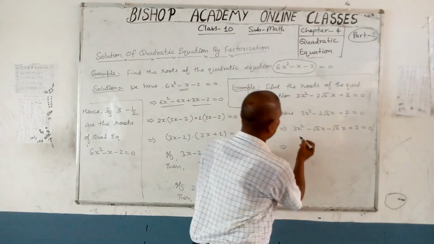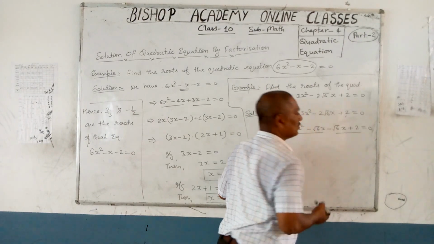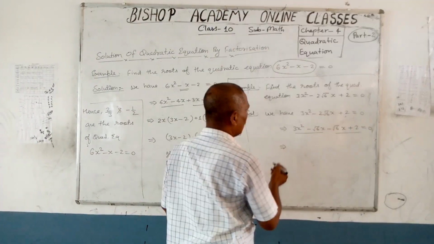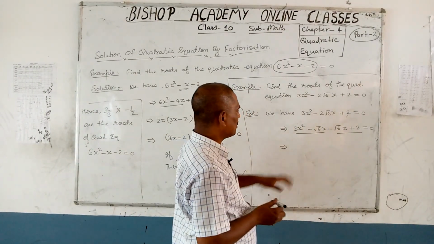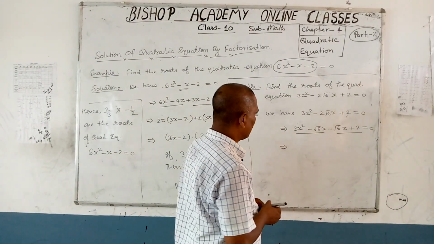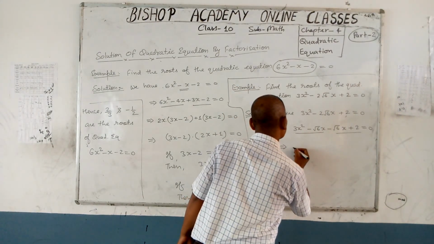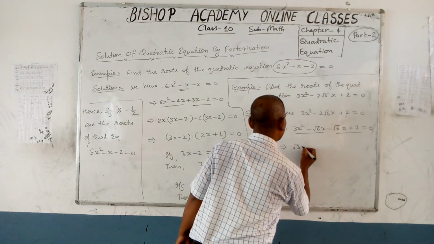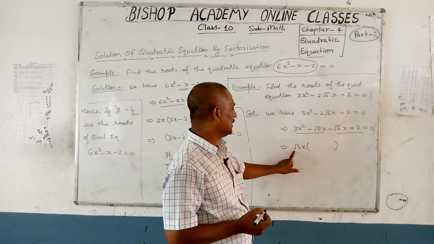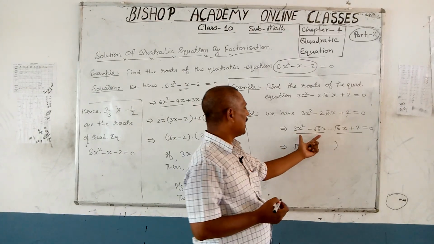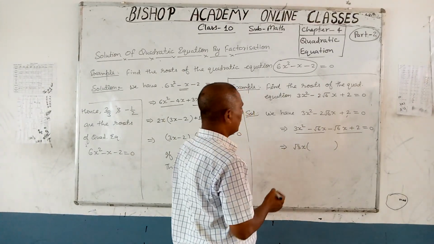Now pairing first and second terms and last two terms, you will factorize. See the common factors, which is HCF. Highest common factor of first and second term is root 3x. Root 3 times x will be the highest common factor of first and second term.